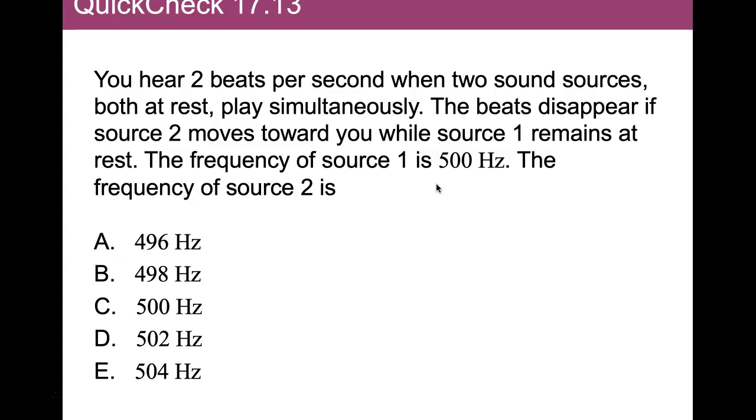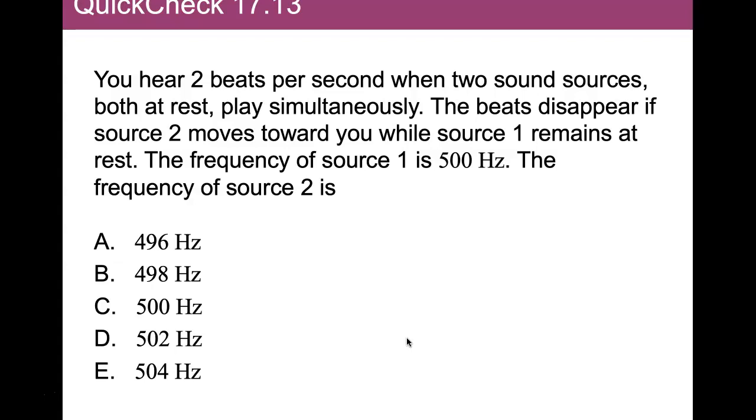It has a frequency that differs from the frequency of source 1 by 2 Hertz, which is the beat frequency that we hear. Now the question is, does it have a higher frequency or a smaller frequency? There's some more information, right? It says if source 2 moves toward you, the beats disappear. So if source 2 moves toward you, its frequency becomes the same.